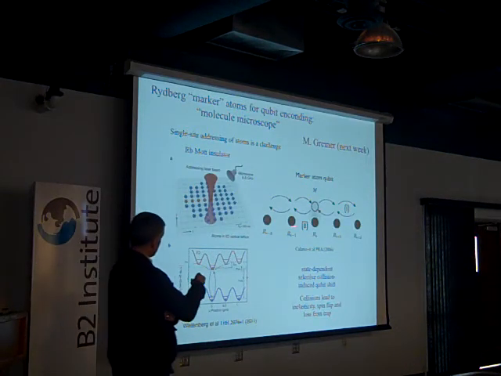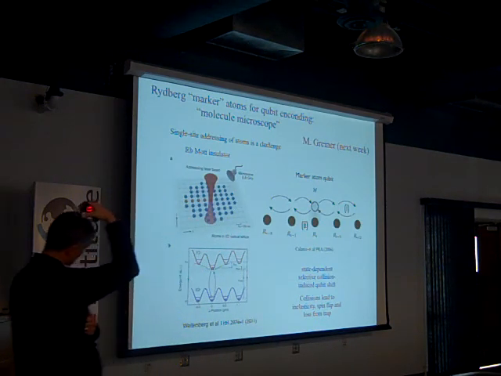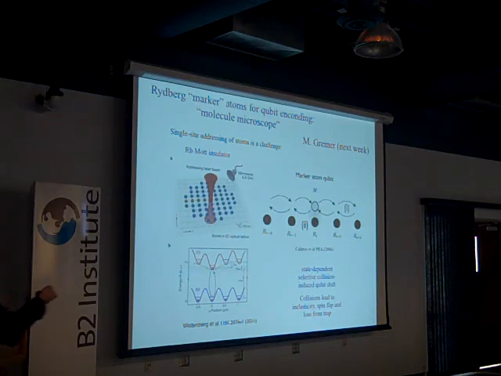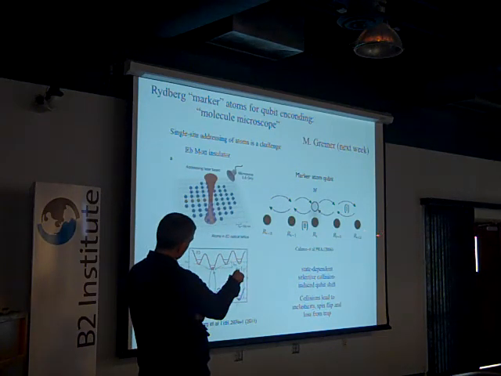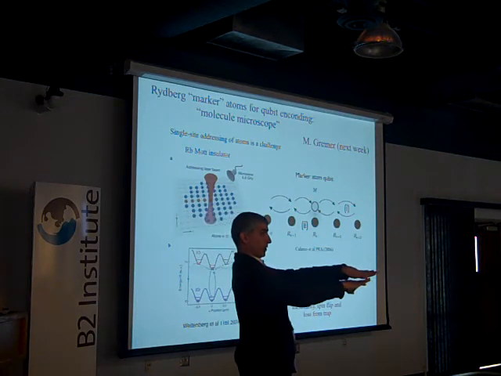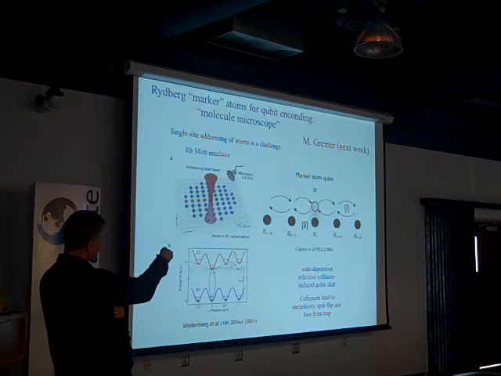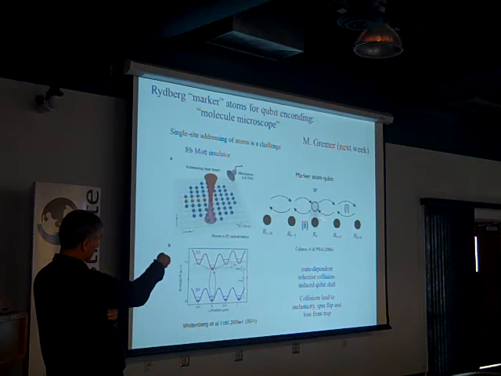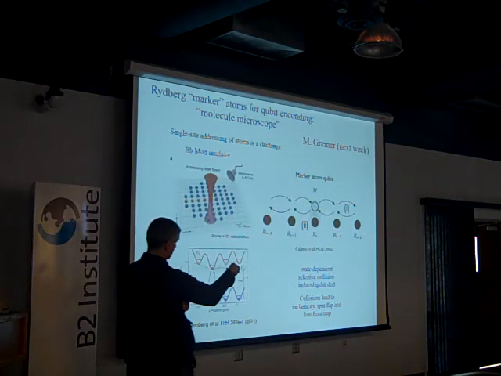These marker atoms have been proposed by Tommaso Calarco and Peter Zoller and others a few years ago, in which you take atoms in an optical lattice, and another set of atoms in, let's say, another optical lattice overlaid on top of it, and then you mark this interaction by collision between this marker atom and the atoms, let's say, R sub i in this optical lattice.